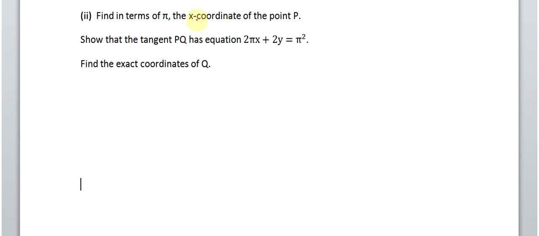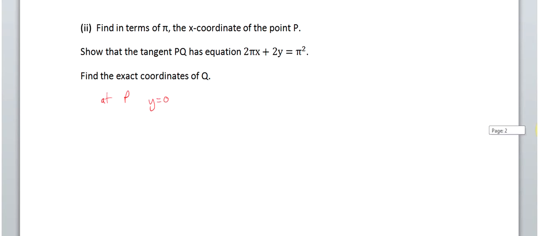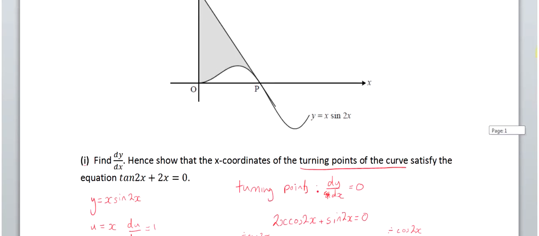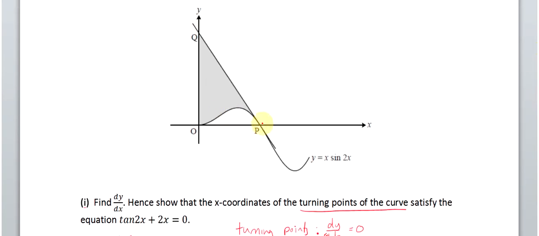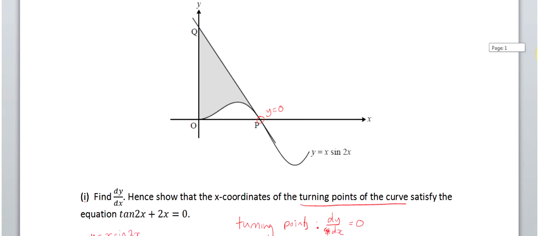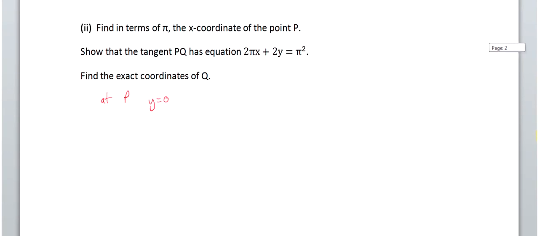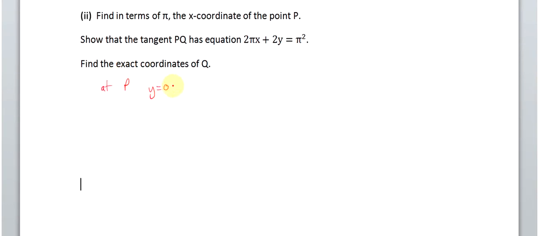So, the x coordinate of P: at P, y equals 0. I'll just go back up to the graph to explain how I know that. At P, y is equal to 0, that's because it's on the x-axis, and of course we're trying to find the x coordinate.